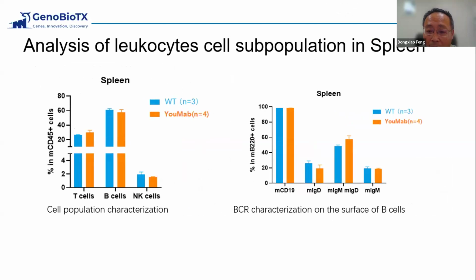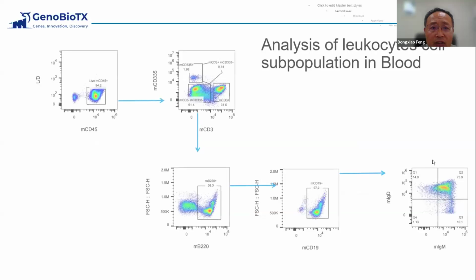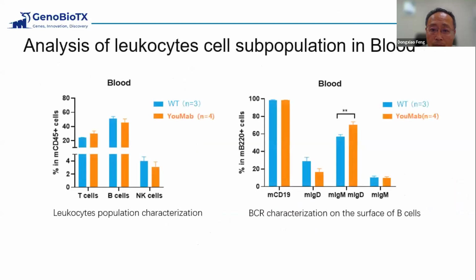All the BCR markers on the B cells are similar to those of the wild type mice in the spleen. This is the analysis in the blood of the SmokeMAb mice. From here, you can see the SmokeMAb mice and the C57 mice have similar T cells, B cells, NK cells, and also the BCR markers are the same with each other.